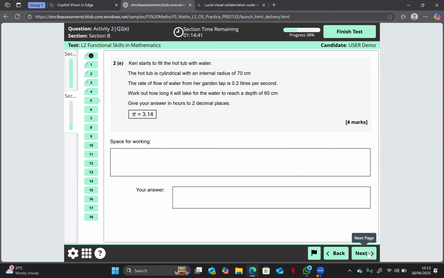You need to know the formula for the area of a cylinder, which is area of a cylinder equals 2 pi rh plus 2 pi r squared. So the radius it tells you there.